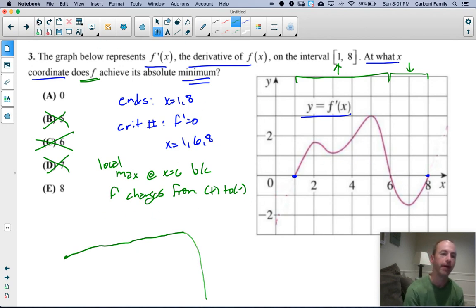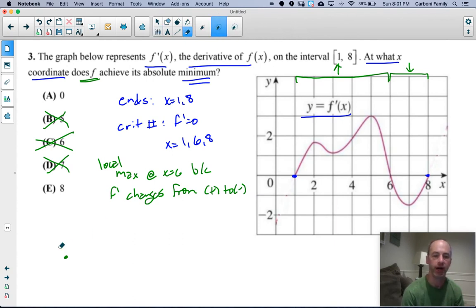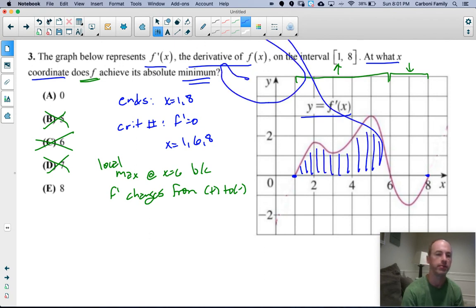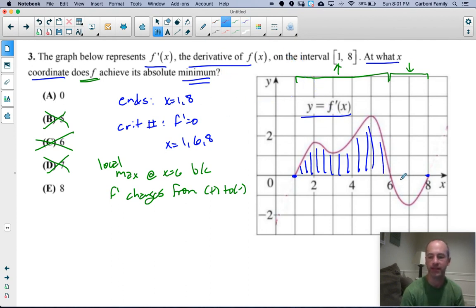To determine how much you increase, in this case, we will analyze the area under the derivative. The area under the derivative tells you how much you increase or decrease. And if you look at this, I hope you can tell that this positive area is significantly larger than this negative area.